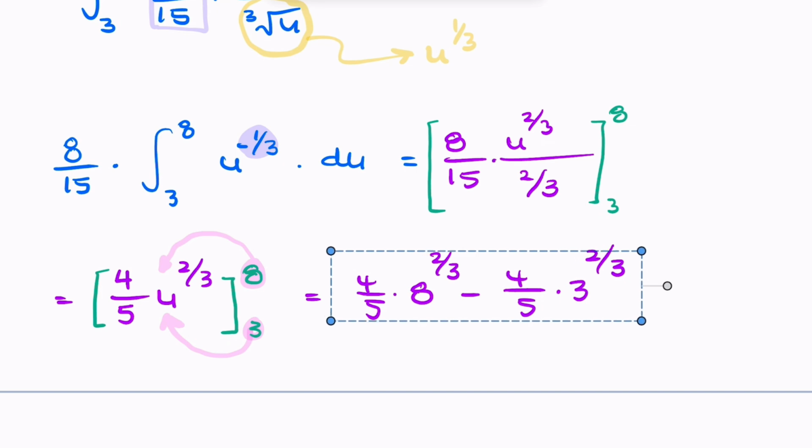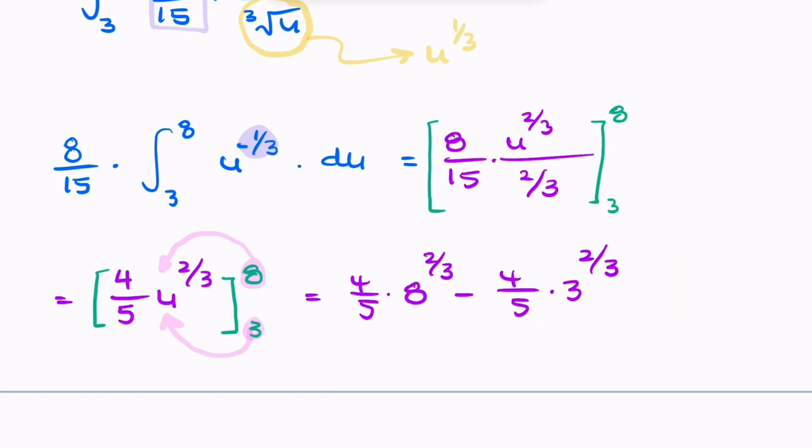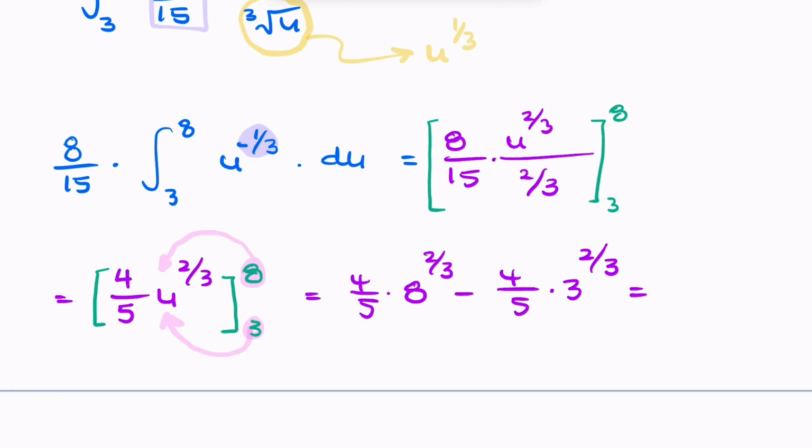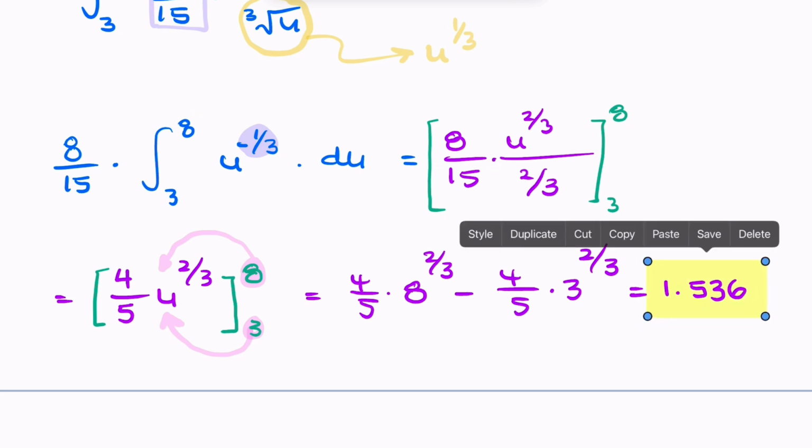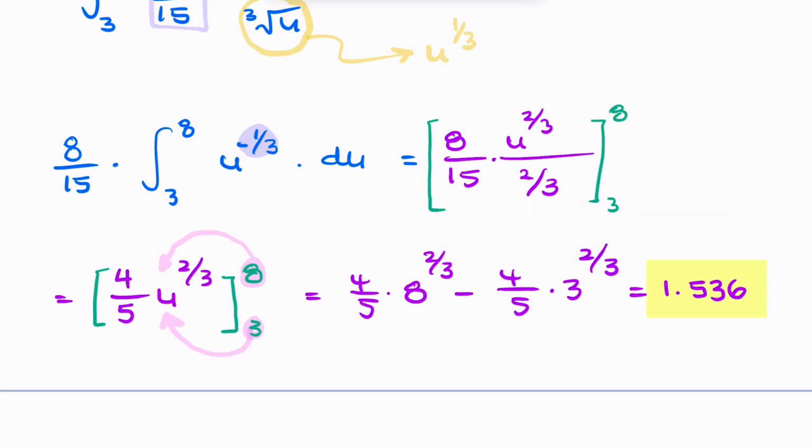So that's your final answer. You could simplify it. Calculator, you get 1.536. So to 4 significant figures, that's your final answer. So depending on how they want your answer to how many significant figures, that's how you would answer it.